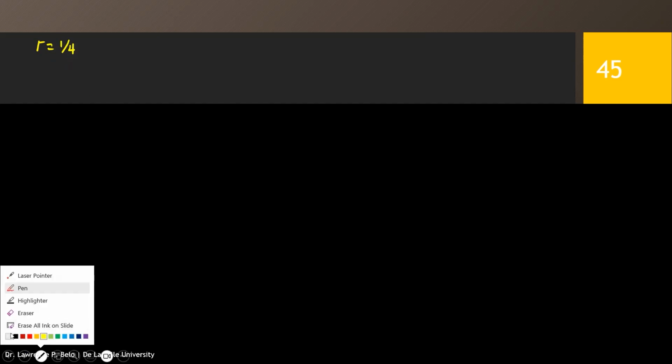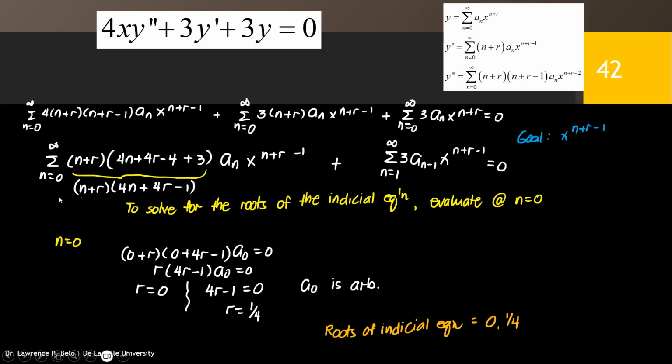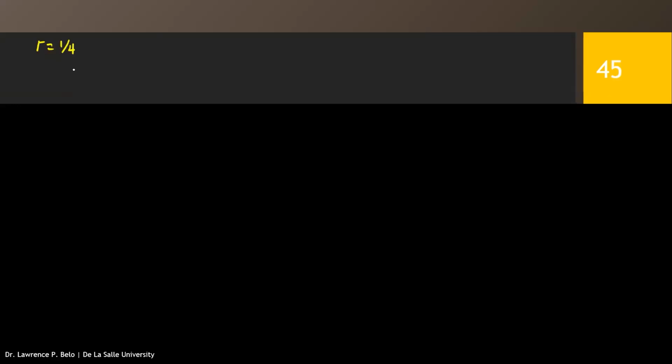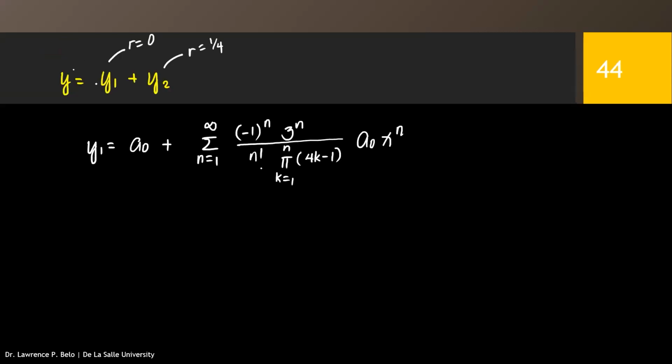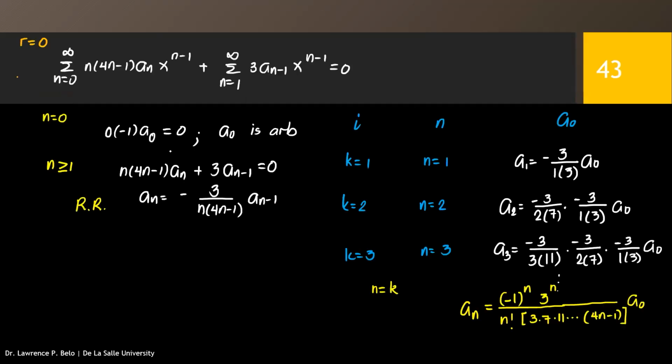So in order to solve for y2, let's use r is 1/4, which is the second root of the initial equation. So when r is equal to 1/4, referring back to this equation here that we were able to simplify, summation when n equals 0 to infinity of, remember that this is n plus r, 4n plus 4r minus 1.